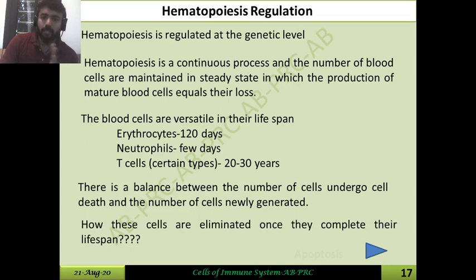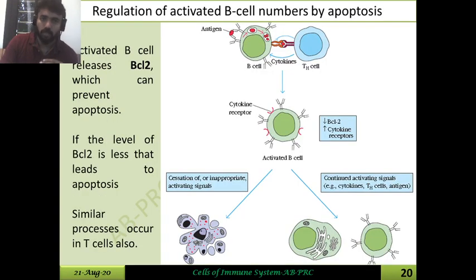So this elimination process is called apoptosis. It's a programmed cell elimination process, or a programmed cell death mechanism. It's a tightly regulated mechanism so that no harm will be there for the system. There is no harm for the host body by this controlled mechanism. All right. So apoptosis is a topic of another discussion. Right now I am not moving into the process of apoptosis.